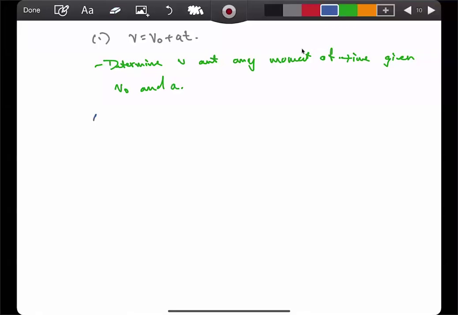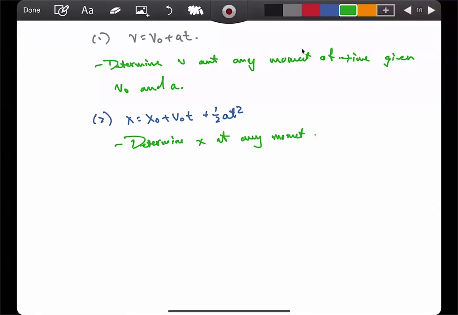Kinematic equation number 2: x is equal to x initial plus v initial times t plus 1/2 a t squared. Again, we already know this, but all this says is we can determine the position at any moment of time given our initial position, our initial velocity, and our acceleration.